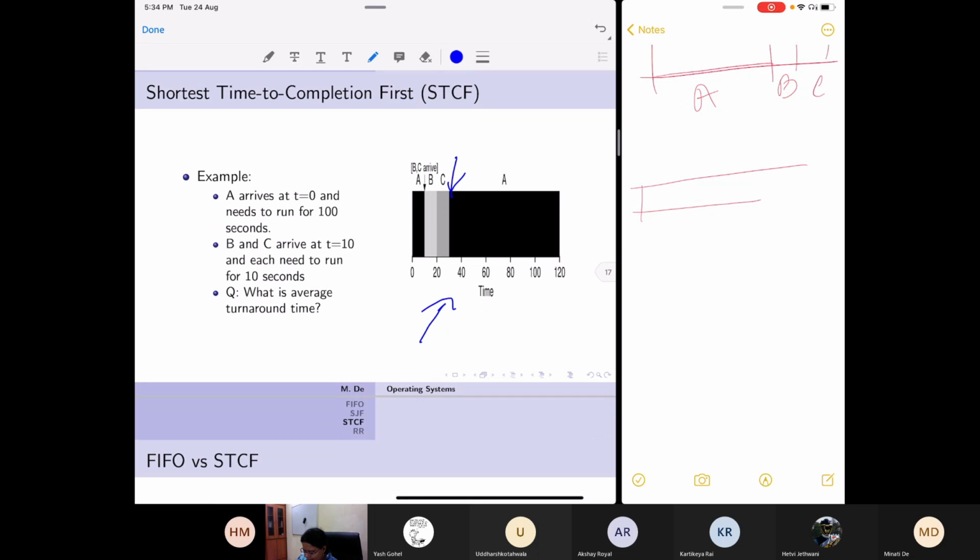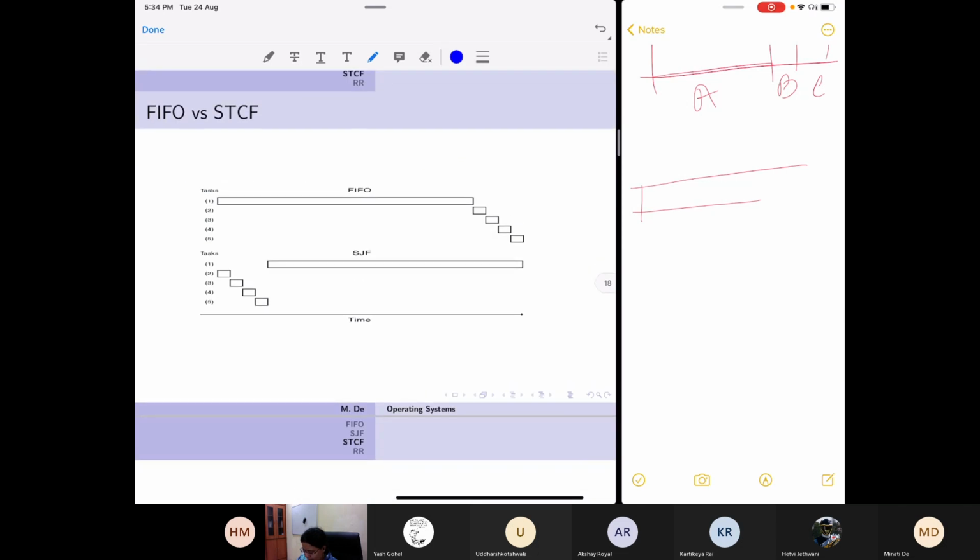Good. So now you see another example basically. These are 5 jobs, right? If you maintain the policy FIFO, then basically they will behave like this. The bigger job will be stuck over here, other smaller jobs will be waiting, right? And with respect to shortest job first or shortest completion time first, if you modify it, then it will look like this, right?